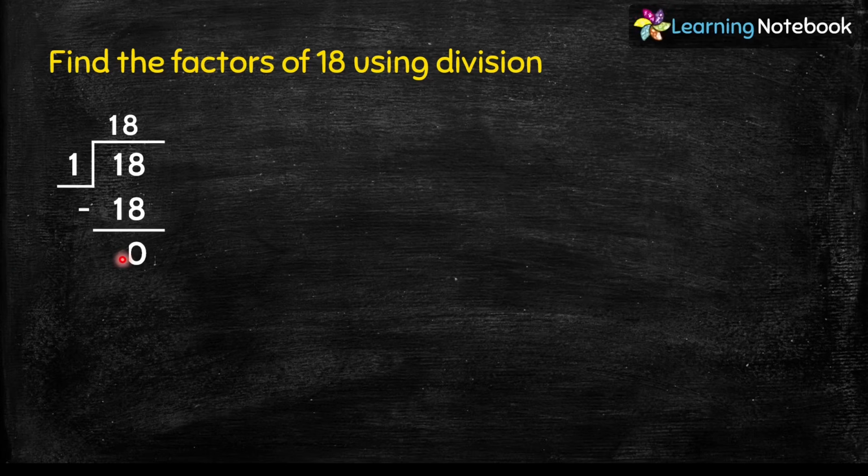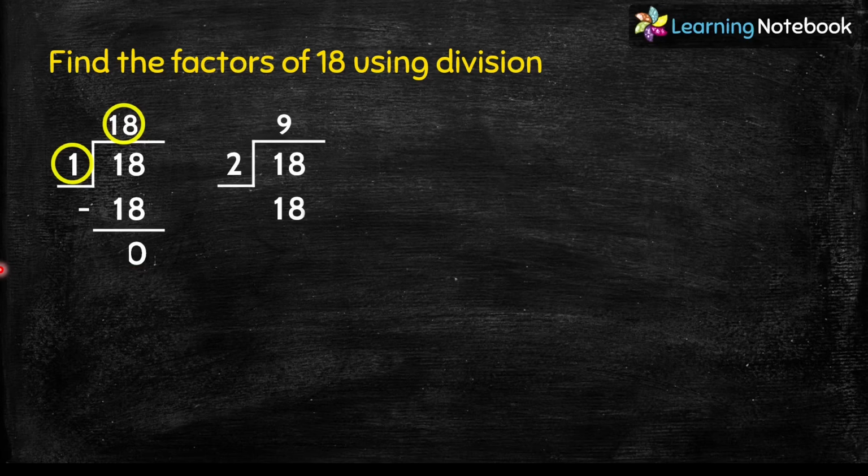So 1 and 18 are factors of 18. Now we will divide 18 by 2 and again we get remainder equals to 0.